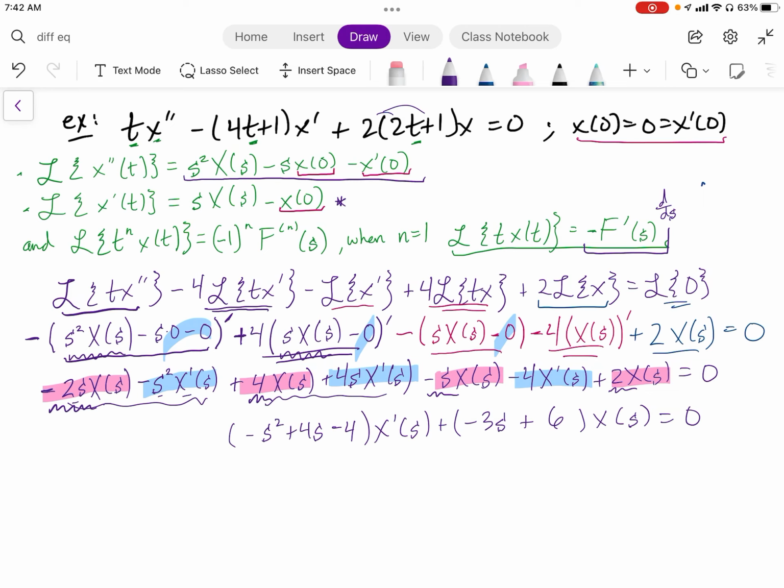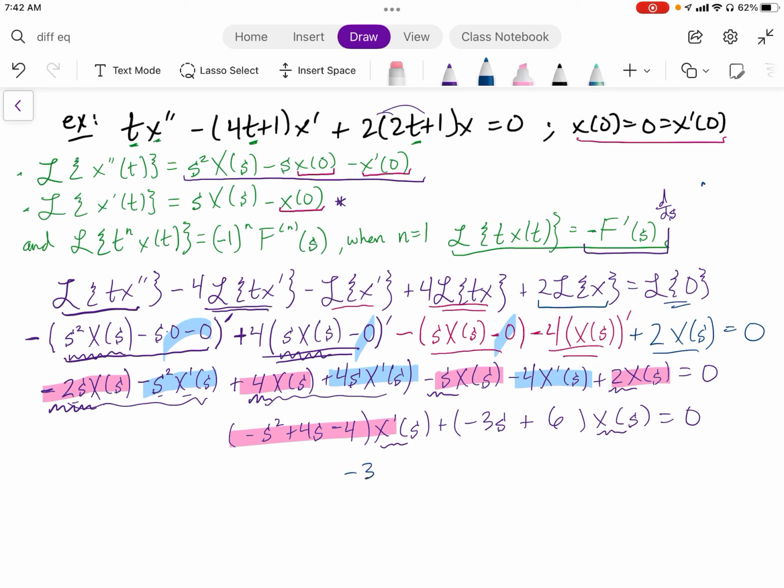At first it kind of looks like I don't know what to do next, but this actually becomes a separable differential equation. We have a derivative and the normal function, so we want to group all those functions on one side and the rest on the other. Let's move this stuff to the other side of the equal sign.